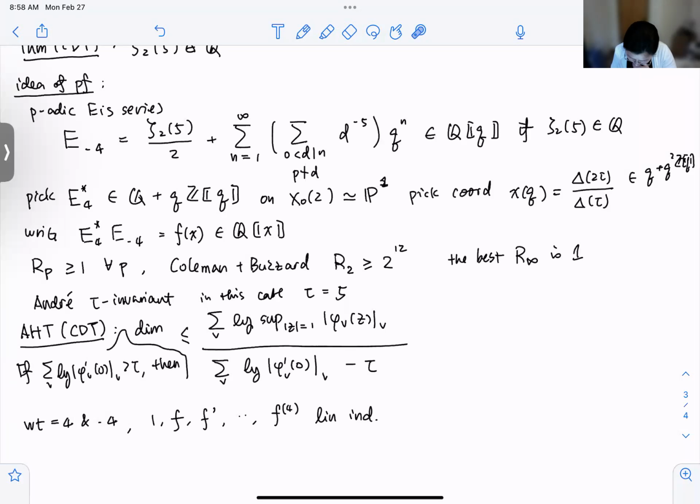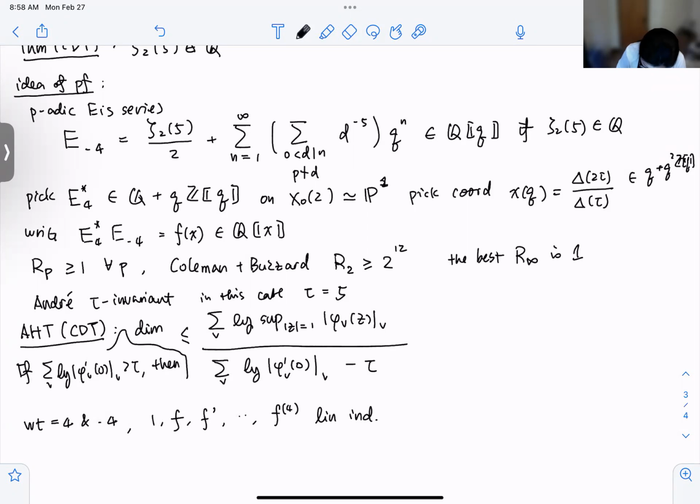And that's why we don't want this tau to get too big. And then to not get tau big, one thing that you could do is taking derivative, which is not going to change the convergence radius and increase the denominator. And that's a nice thing that we could do here.